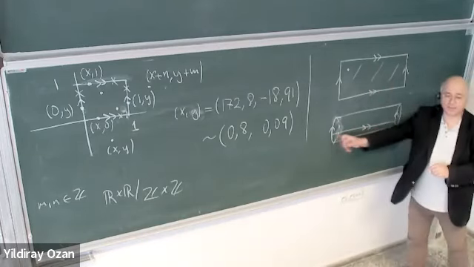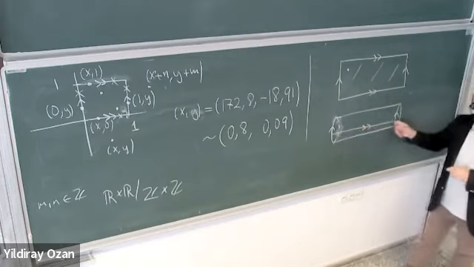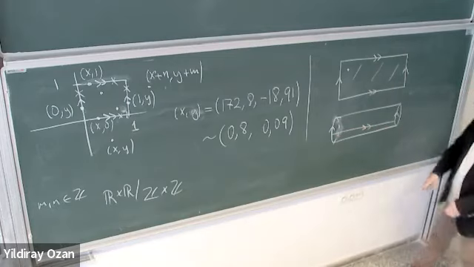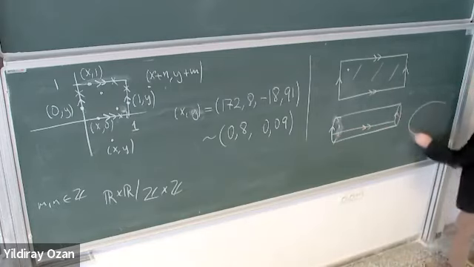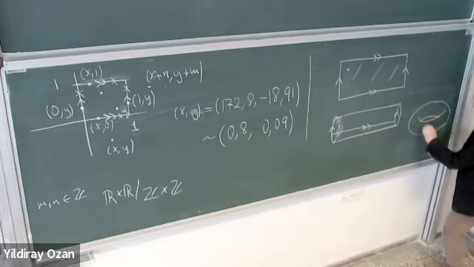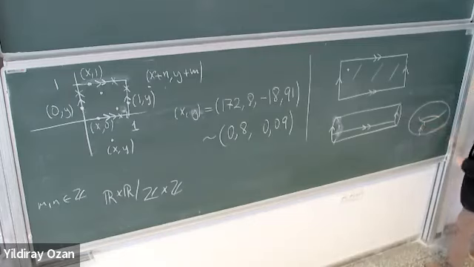And still, I need to identify this circle with this circle. And you can do this. You just bend it like this and then glue, right? When you identify these two, you just get something like this. So these two edges are identified like this. You have the circle, and you have also this circle. So what you get is a torus. Okay?